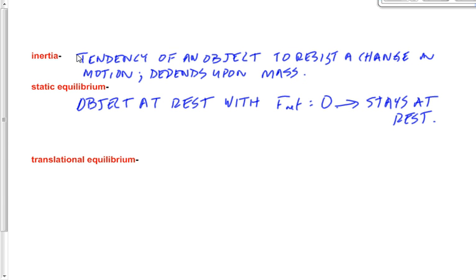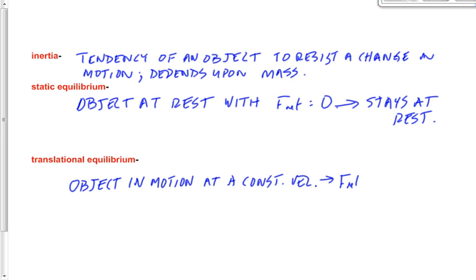That's static equilibrium. Translational equilibrium is when we have an object in motion at a constant velocity. Once again, we say the net force is 0, because if the net force wasn't 0, it would speed up, or slow down, or change direction.